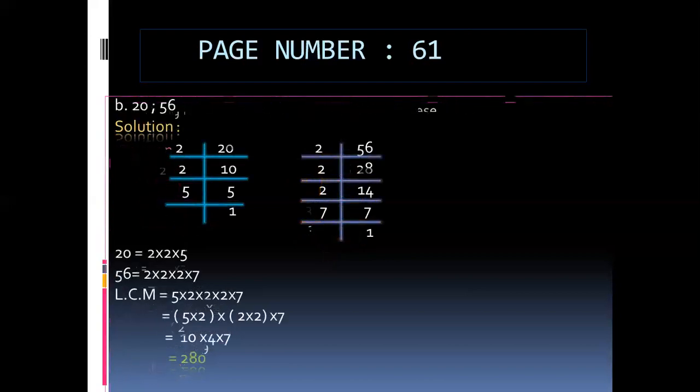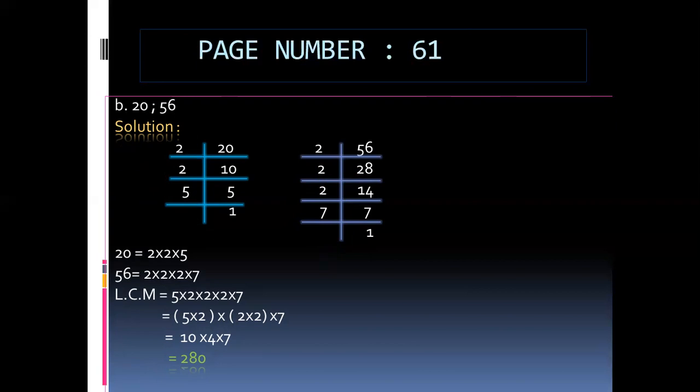Part B, 20 and 56. We are finding the LCM of only these two numbers, 20 and 56. Again, we use a division method. The prime factors of 20 are 2, 2 and 5.